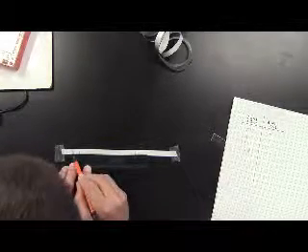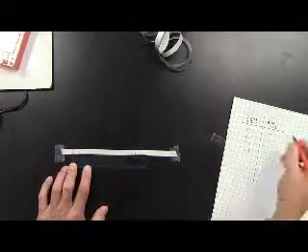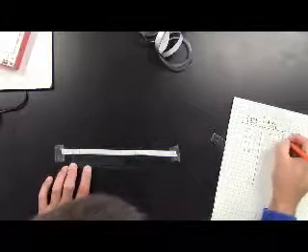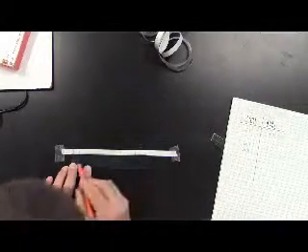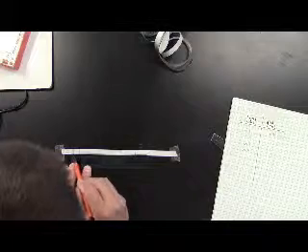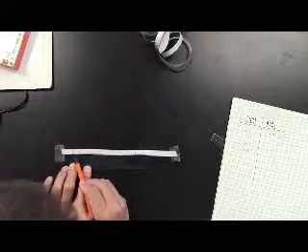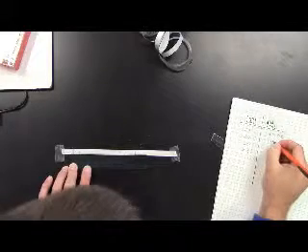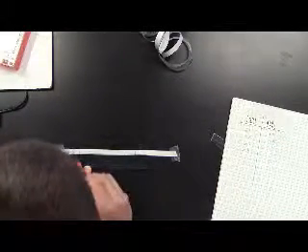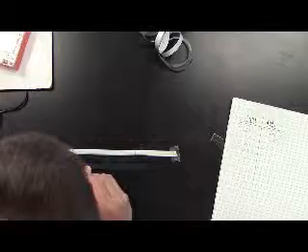So the first set of data is 0.2 centimeters. My second data set, I measure from the very beginning all the way over to there, is 0.5 centimeters. My third one is 0.8 centimeters.